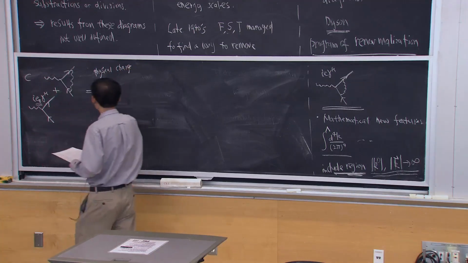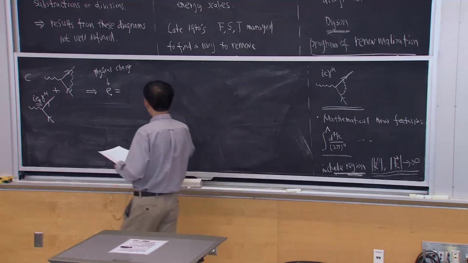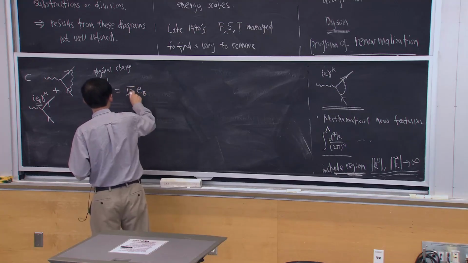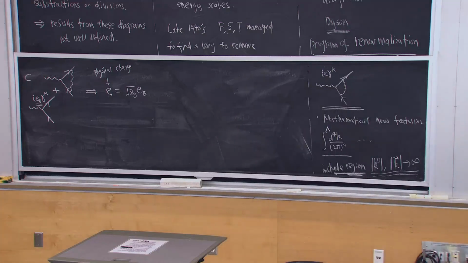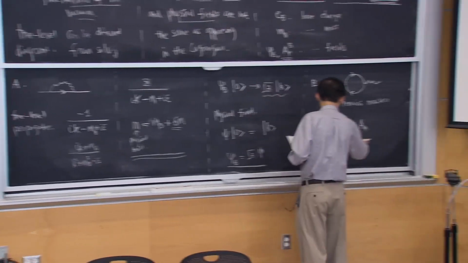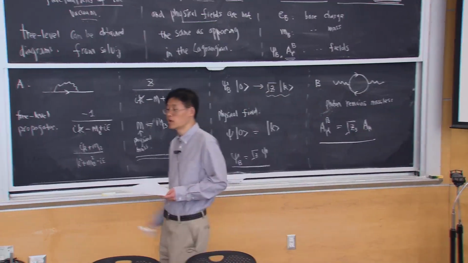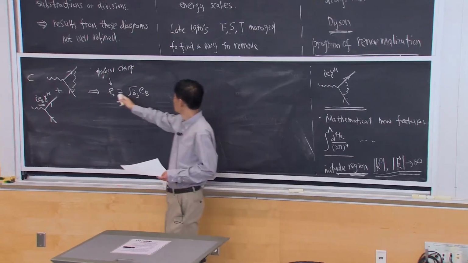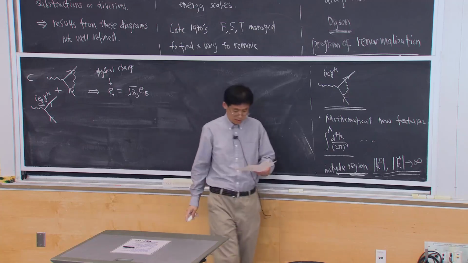Through a complicated calculation, you find this physical charge is related to the bare charge by the same factor Z3 as in the relation between the bare field and the renormalized field. You find that the same number appears in the relation between the physical electric charge and the bare charge.